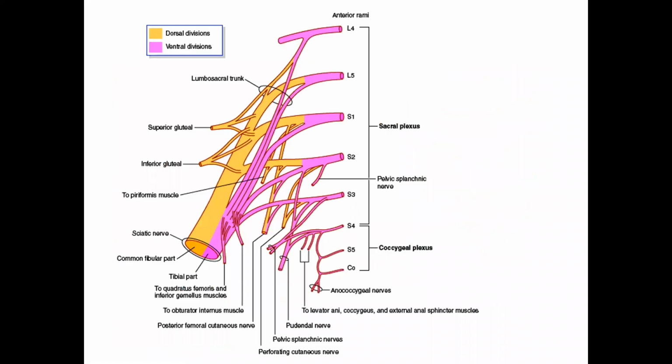The sacral plexus is more complex than the lumbar plexus because there are too many branches. So what we'll try to do is remember the branches in a particular manner.